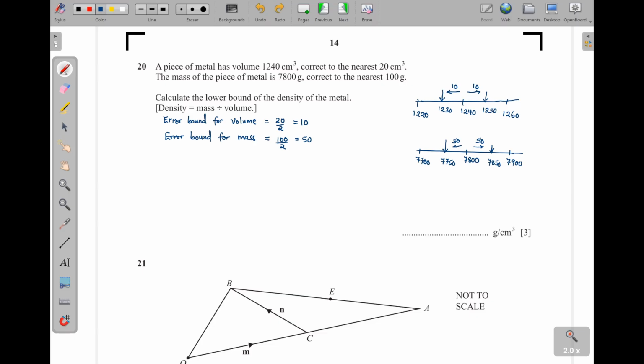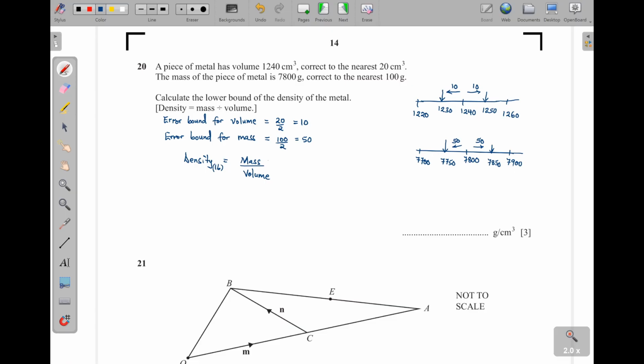Now we know that density is equal to mass over volume, and they want us to find the lower bound. So density lower bound is going to be equal to, you want to remain with something small.